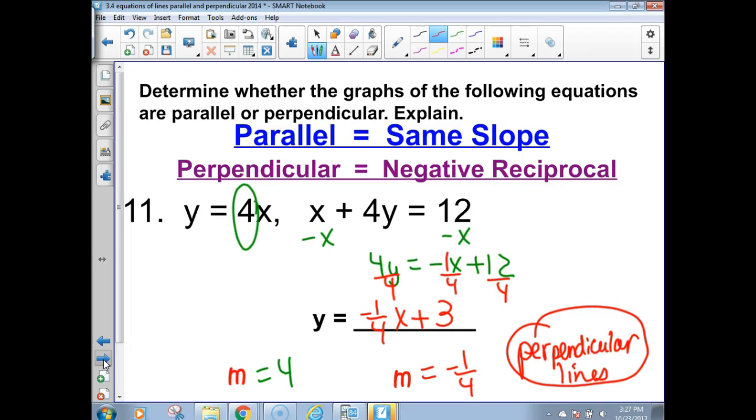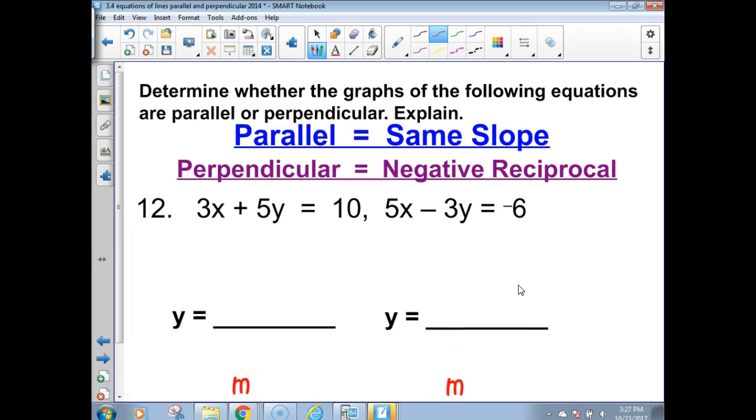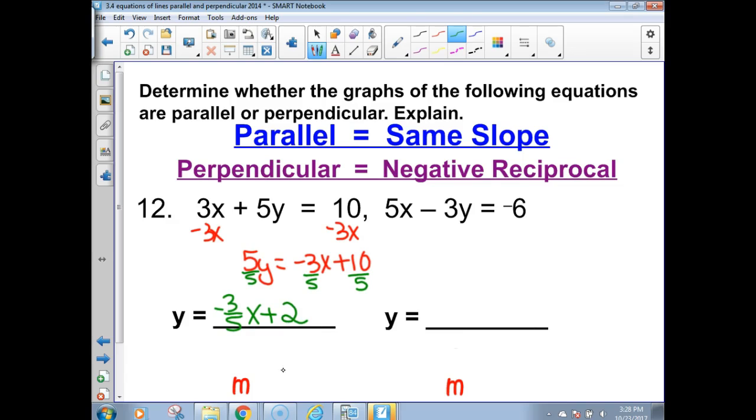Okay, and my last, I believe, is that my last example? No. Last example, subtract 3x. Divide everything by 5. I get y equals negative 3/5 x plus 2. Slope of this one's negative 3/5.